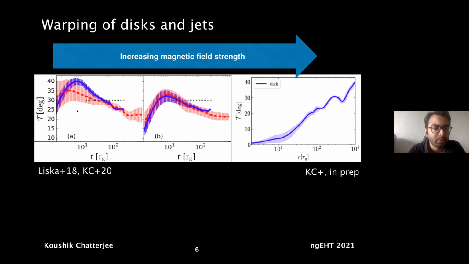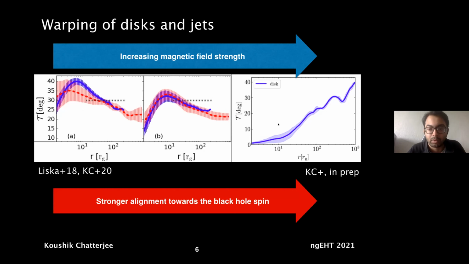For a weak field, or the SANE disk model, you see that the disk remains very much misaligned even at very small radii. The black hole is unable to force the disk into alignment in this case. As you increase this magnetic field, you see stronger alignment towards the black hole spin axis.